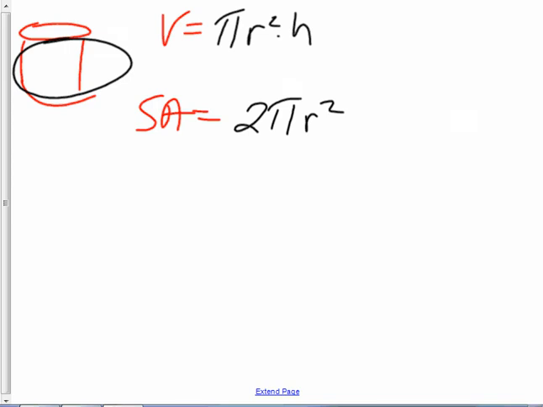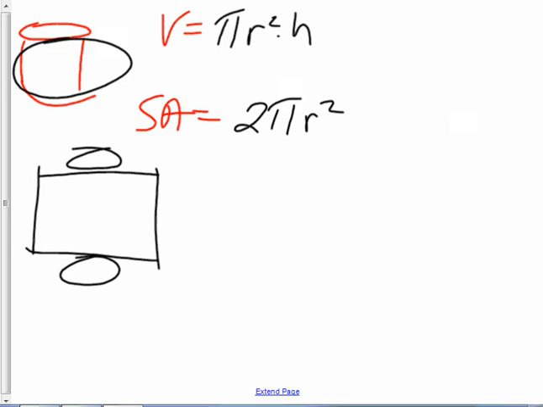If I peel it open, the can would look like this and would have the top and the bottom like this, and then there'd be that big middle part, which is actually a rectangle. Who can finish off that formula? Yes.